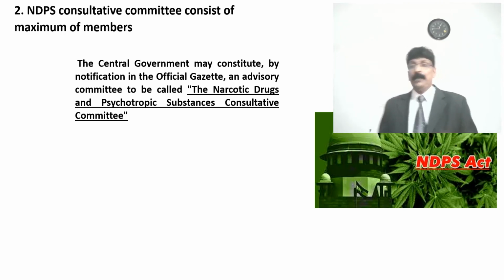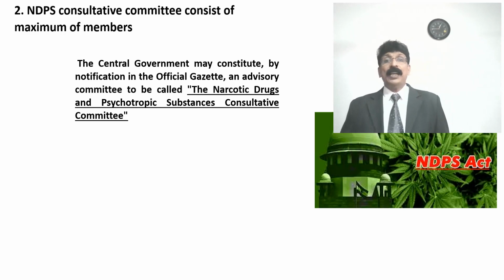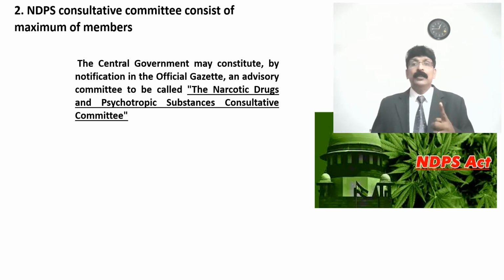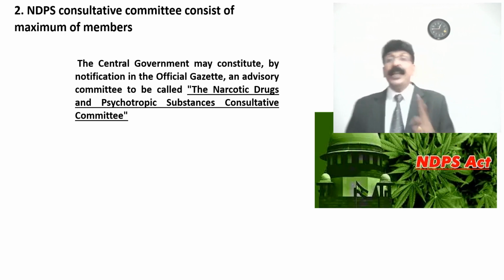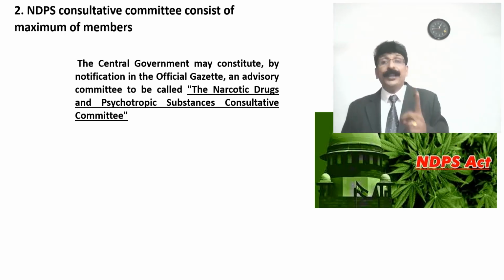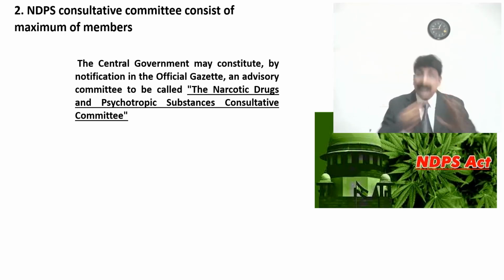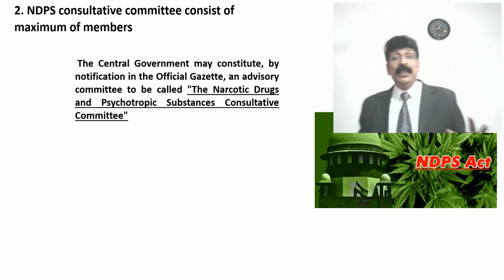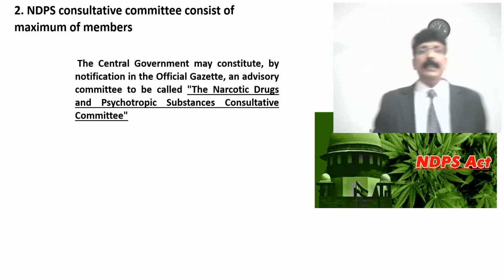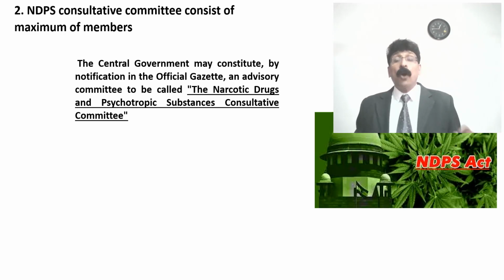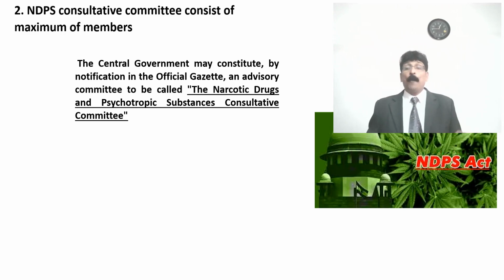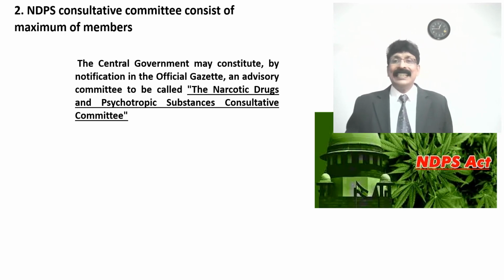Consultative Committee. So you can see that the central government may constitute by notification in the official gazette an advisory committee to be called the Narcotic Drugs and Psychotropic Substances Consultative Committee.